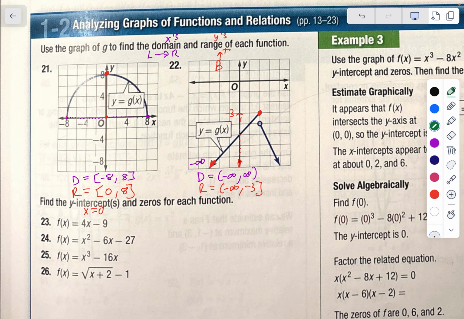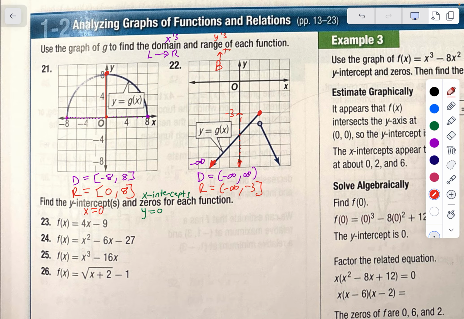So you let the opposite variable equal 0. So let's do each. Let's do the y-intercepts first, and then we'll shift and do the x-intercepts.